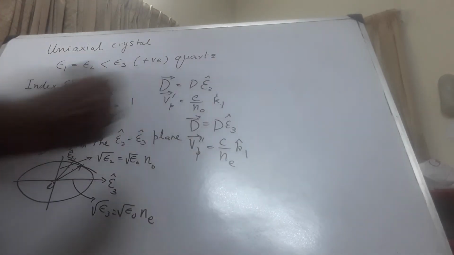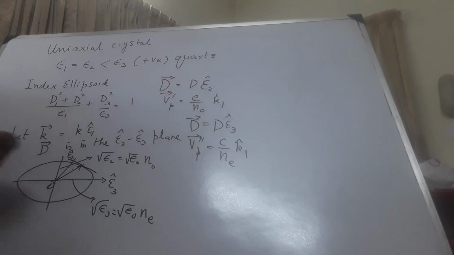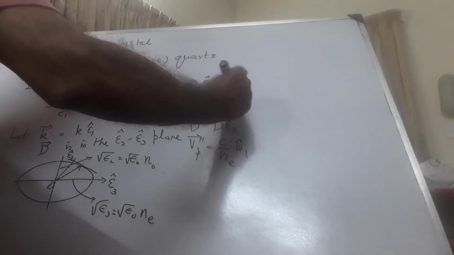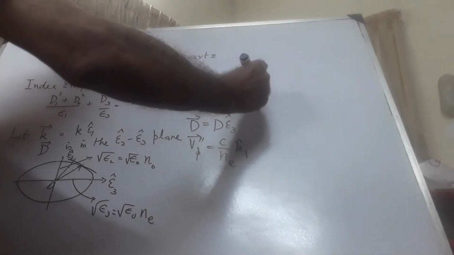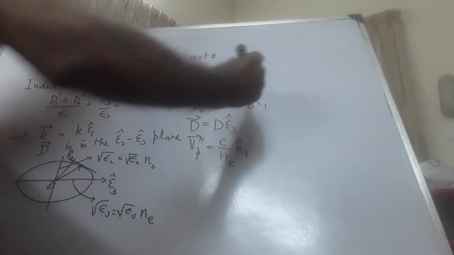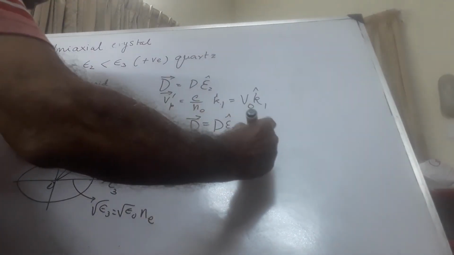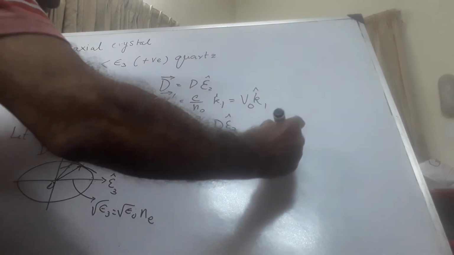For a vector which is along K1, there are two possibilities: one which is along epsilon 3, another which is along epsilon 2. The one with D vector along epsilon 2 will have a velocity given by C by NO, which I will call ordinary velocity VO. Whereas if D were along epsilon 3, that will be called VE, extraordinary velocity.